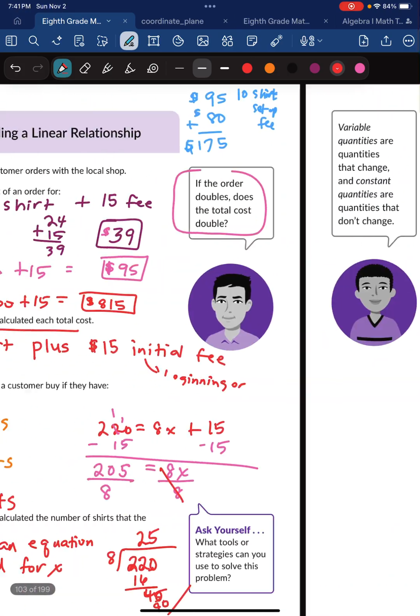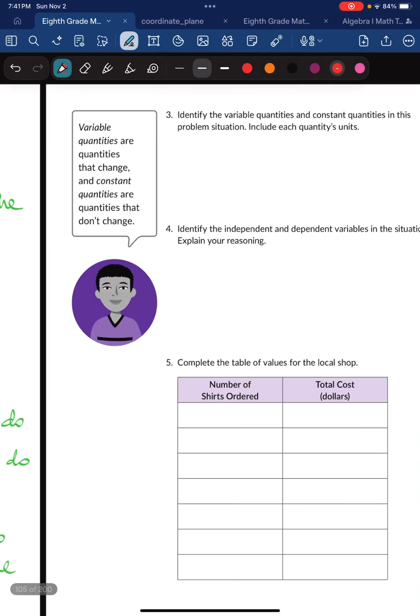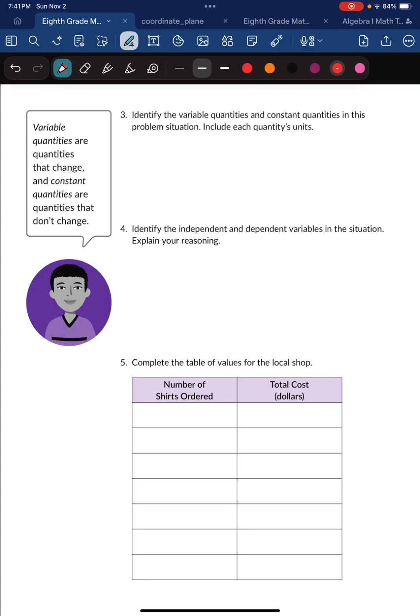Okay, let's keep going. Let me make a copy of this page. Identify the variable quantities and constant quantities in this problem situation. Include each quantity's unit. So what do we think the independent variable is? What do we think the dependent variable is? Well, I think the independent variable is the number of shirts.